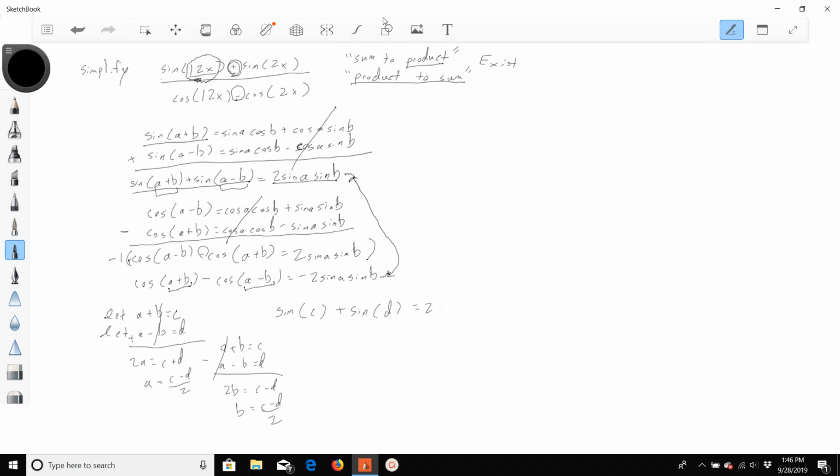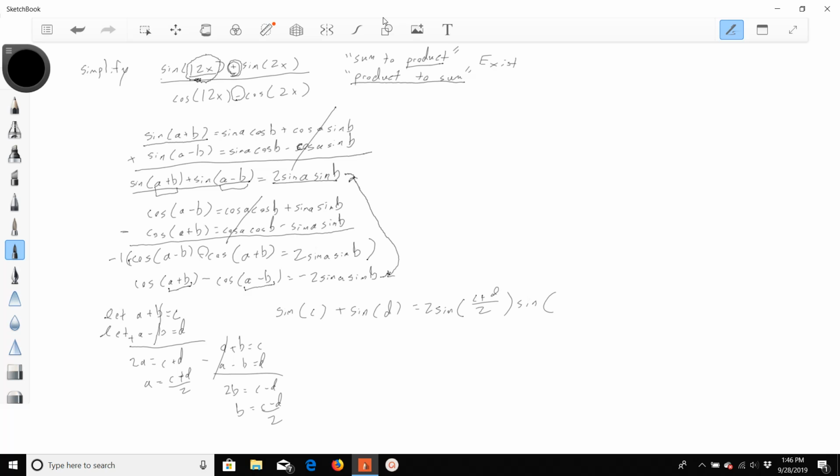So 2 sine, and now a is c minus d over 2 times sine of b, which is, oh shoot, sorry, I don't know why I changed it to a minus sign there. A is c plus d over 2. I'm sorry, that probably confused you a little bit. A is c plus d over 2. B is c minus d over 2.